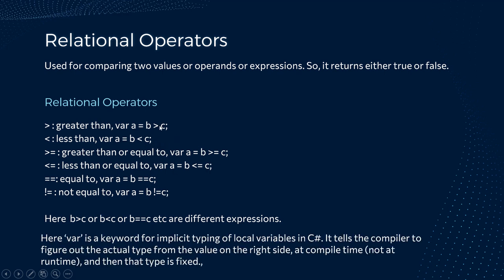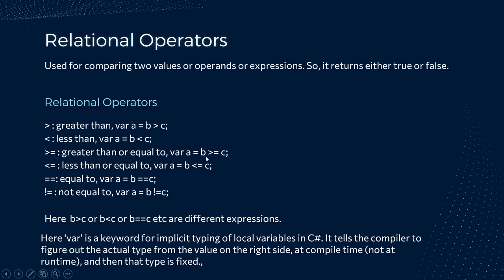Here I have used one more keyword, the var keyword. This is a keyword for implicit typing of local variables in C#. It tells the compiler to figure out the actual type from the value on the right side at compile time, not at runtime, and then that type is fixed.